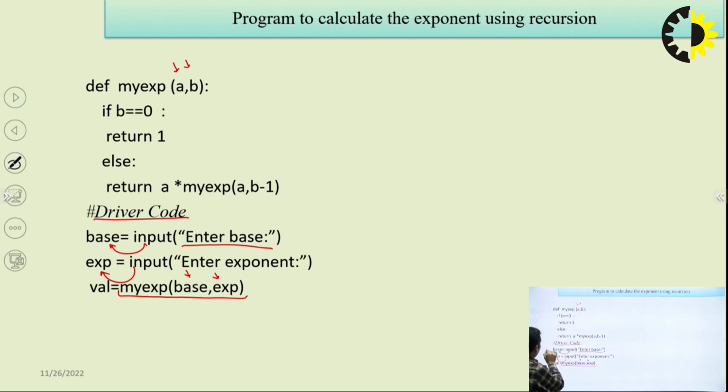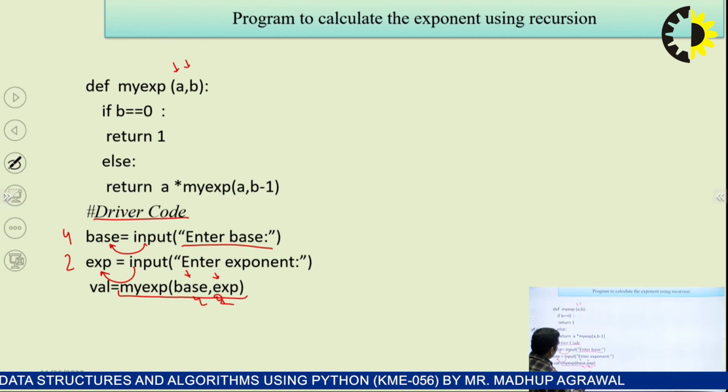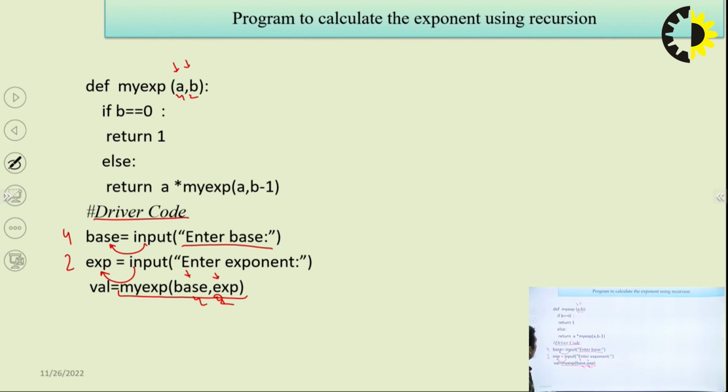Just guess, if the value of base is 4 and exp is 2, then the values 4 and 2 will be received here and the calculation is performed on them.